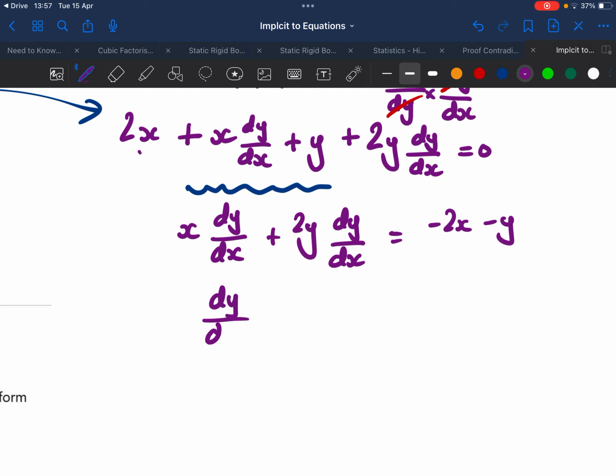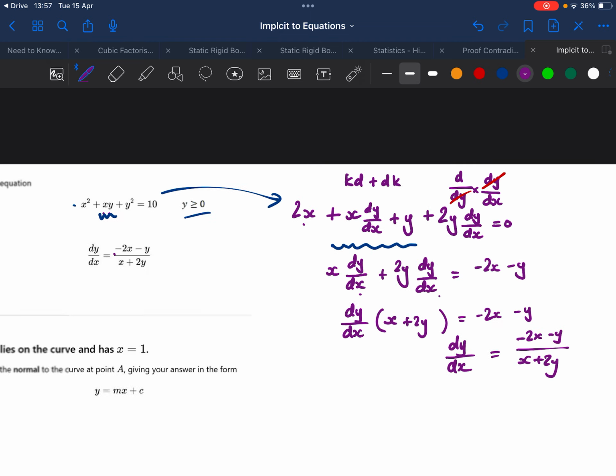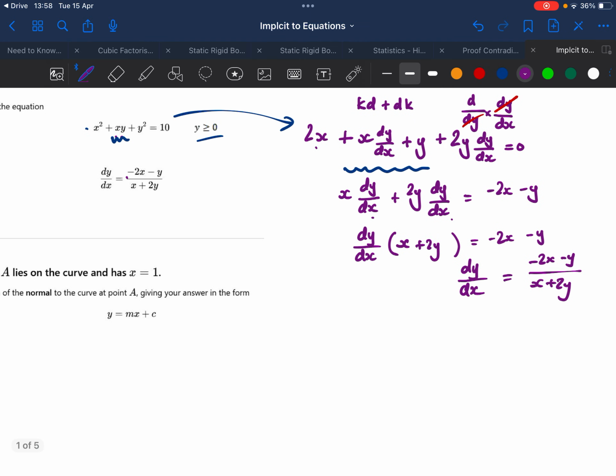Factorize out dy dx because it appears in two different places. So dy dx times x plus 2y equals minus 2x minus y. Final answer then is dy dx equals minus 2x minus y over x plus 2y for part A.